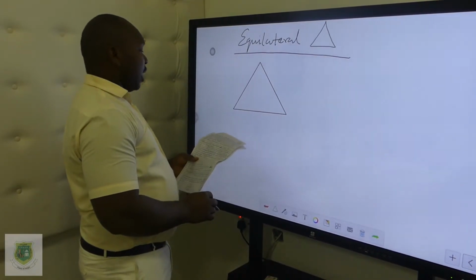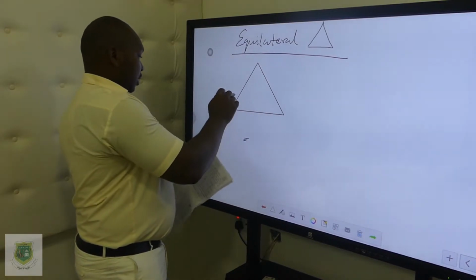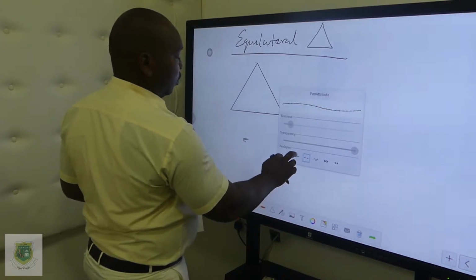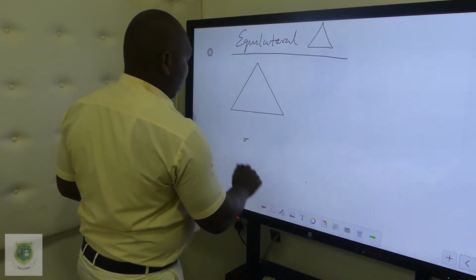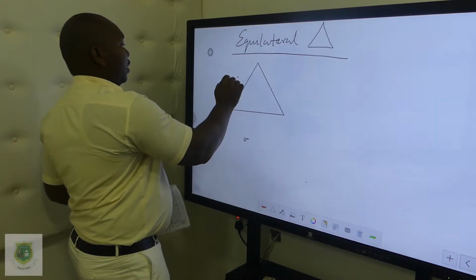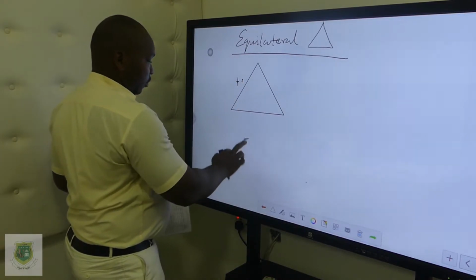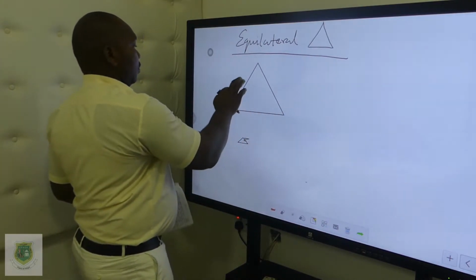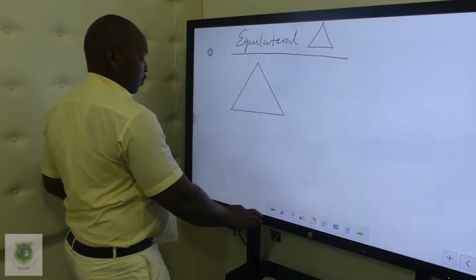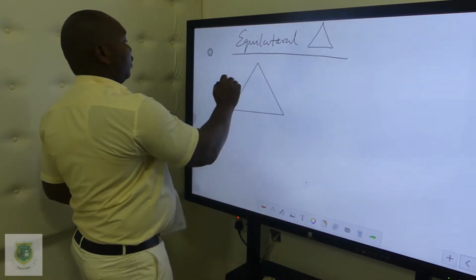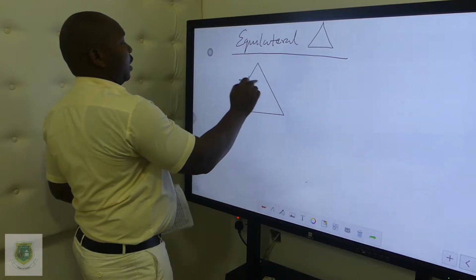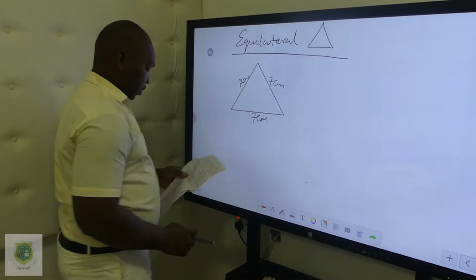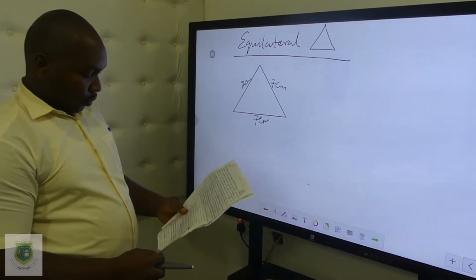So for an equilateral triangle, let's say this is 7 centimeters, and this is 7 centimeters.